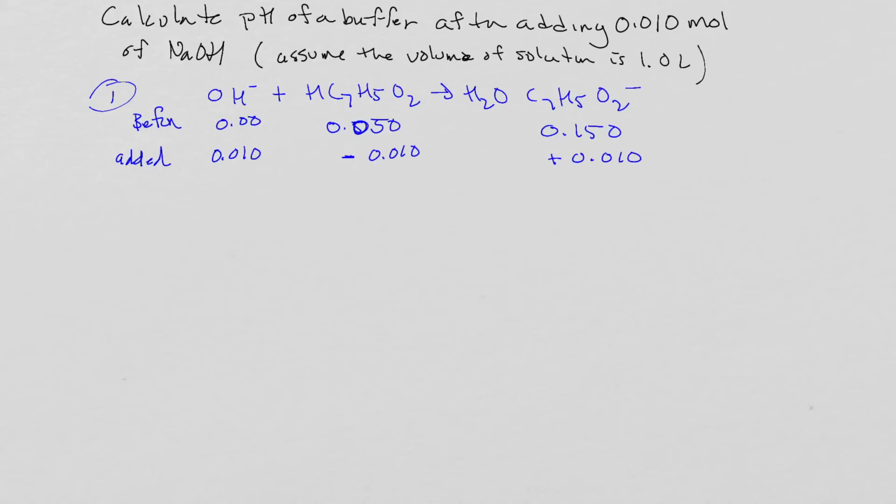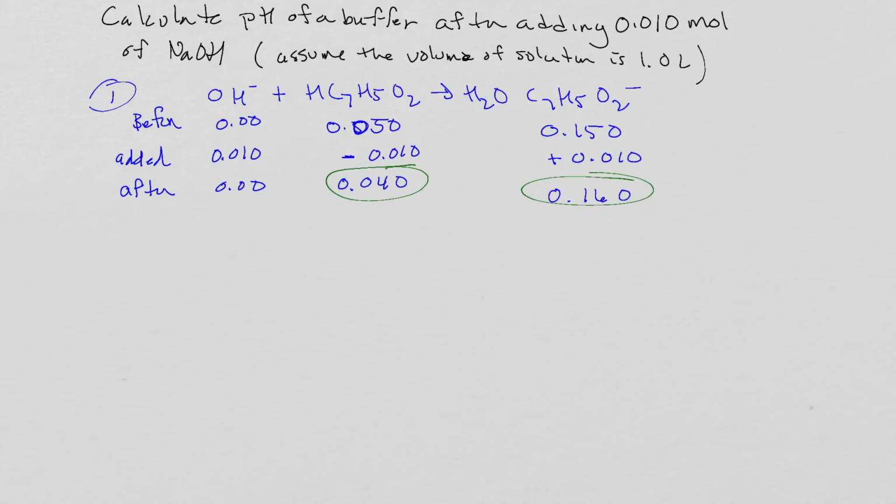And so afterwards, we've reacted all of the hydroxide. This is back down to 0. We've lost 0.01 of our acid, and we've gained 0.01 of our base. So now we have our new moles of acid and base.